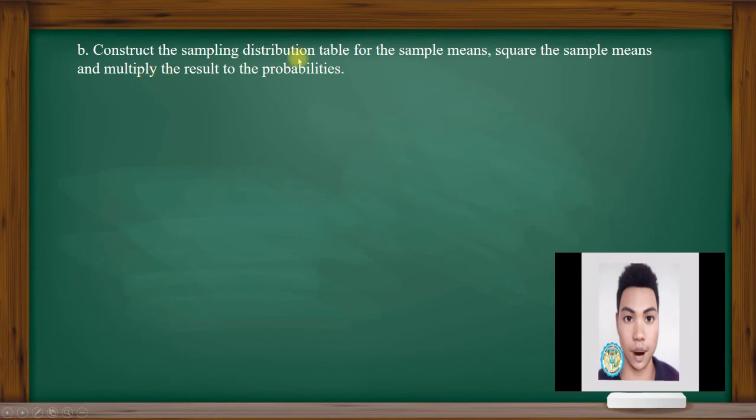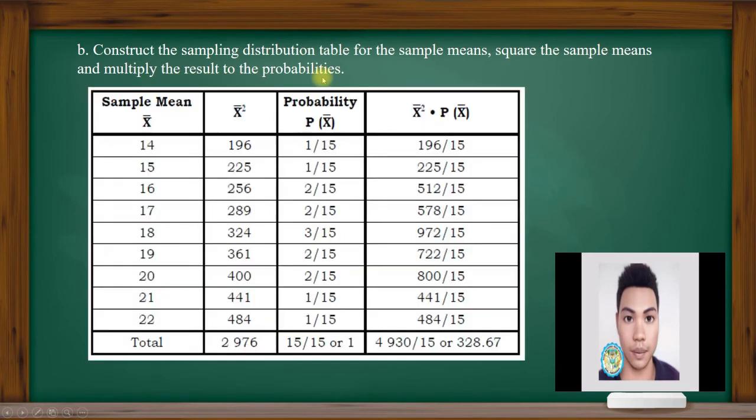Construct the sampling distribution table of the sample means, square the sample means, and multiply the result by the probabilities. So this is our table. Sample mean, these are the values. Then we just square the sample mean. 14 times 14 is 196.